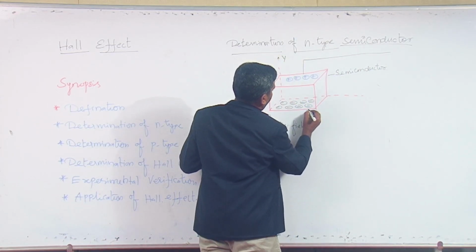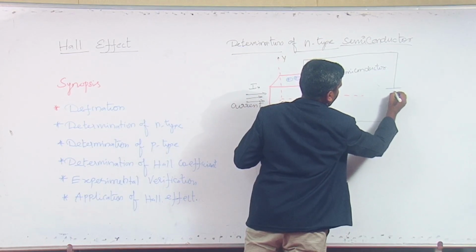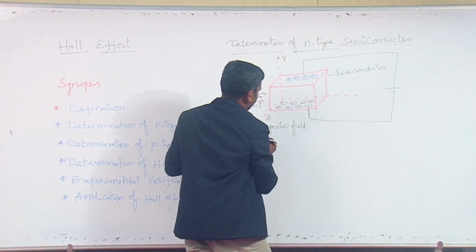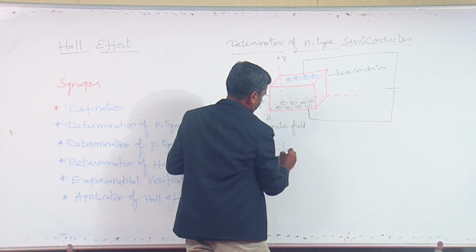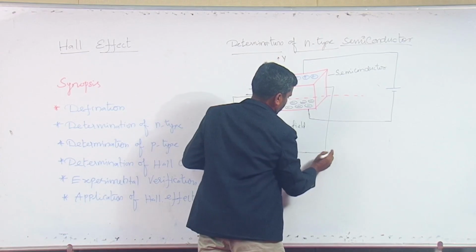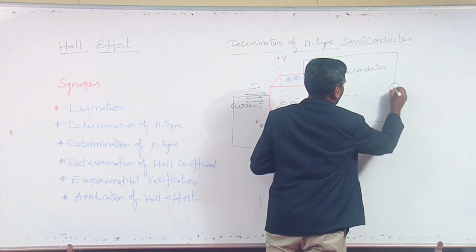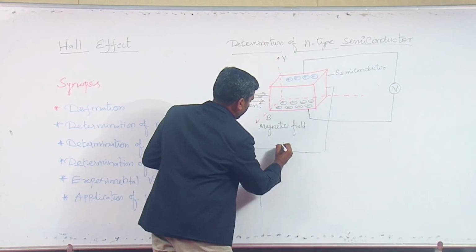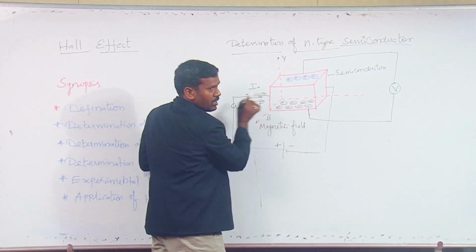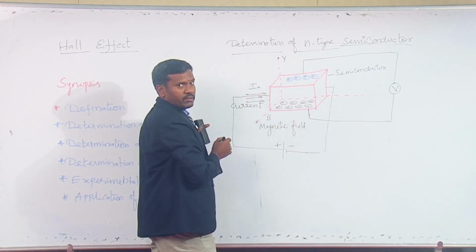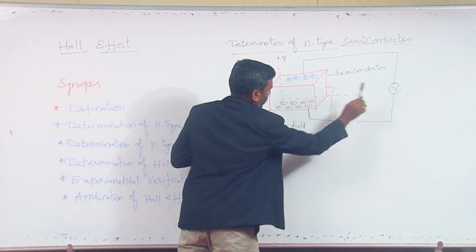We already know that in the Hall effect, the current is along x, the magnetic field along z, and the potential difference appears perpendicular to both, which means the y direction.